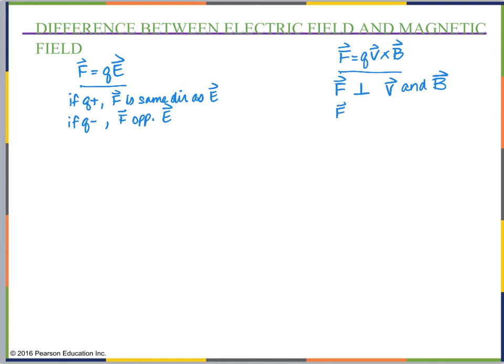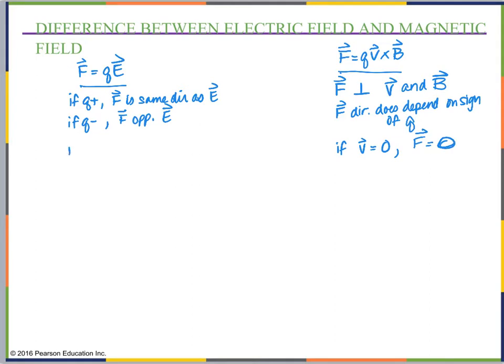The force direction does depend on the sign of Q. That's a way that it's similar to the electric field. But something that's interesting here is if the charge is not moving in the magnetic field, then the force is 0.